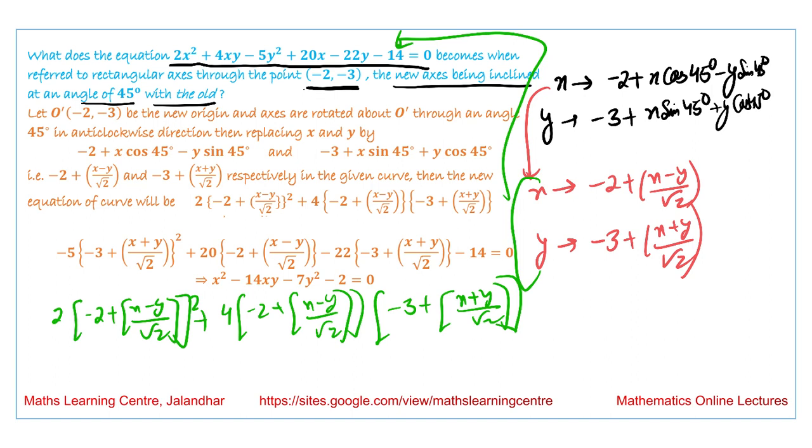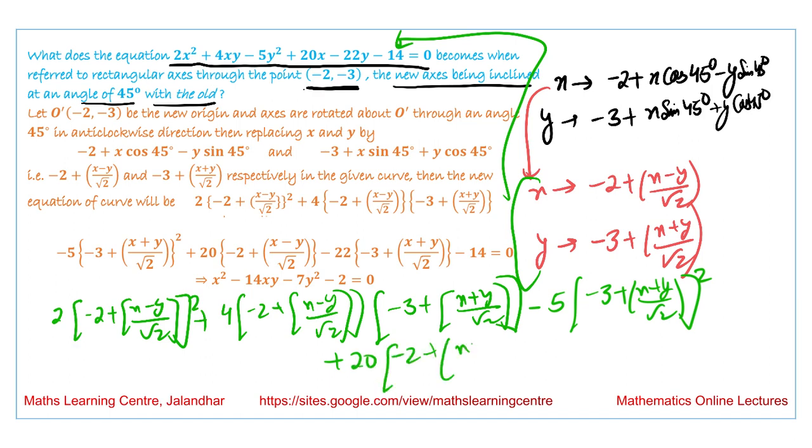Next term, this is the term xy, then it is minus 5 into (minus 3 plus (x plus y) by root 2) whole square, then plus 20 times (minus 2 plus (x minus y) by root 2), then minus 22 into (minus 3 plus (x plus y) by root 2), and last it is minus 14 is equal to 0.